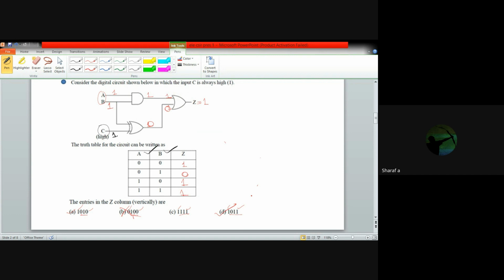So better to write all the digits or the expressions in the circuit itself, then it is easy to solve. There is no possibility to get wrong. Okay, so that is the method. I hope you understood these two problems, and we will do the other problems also.